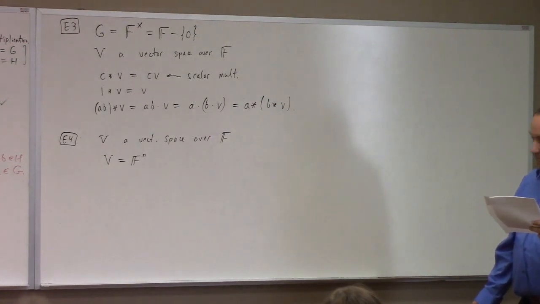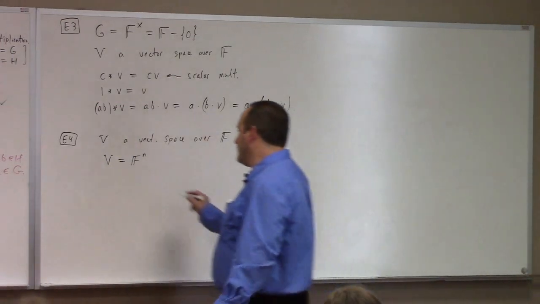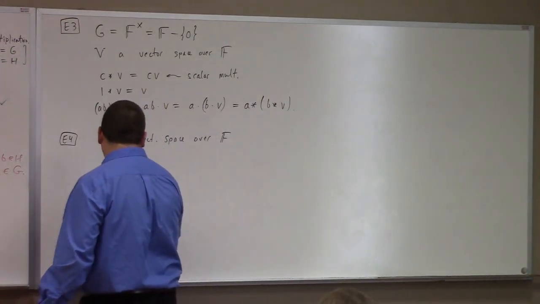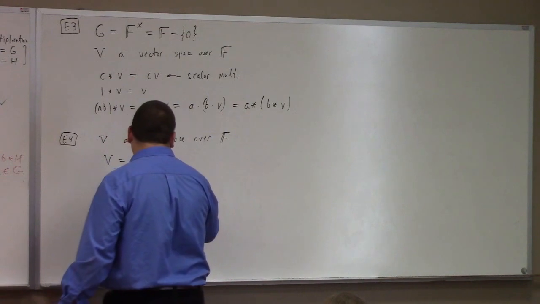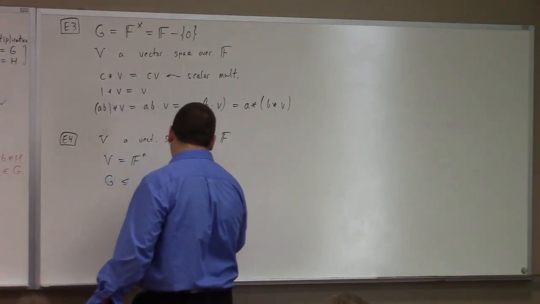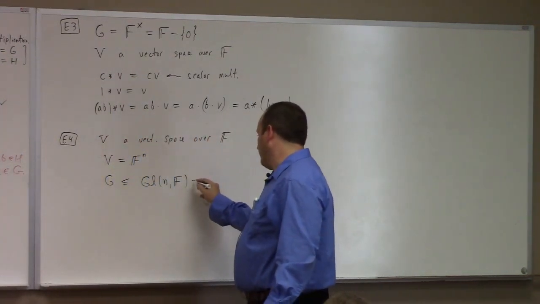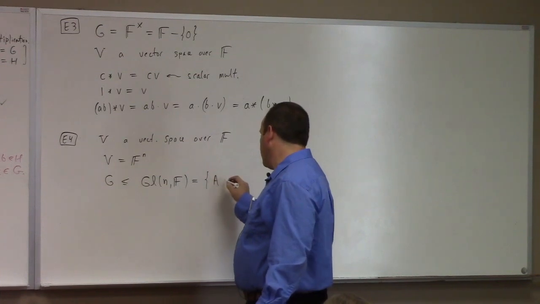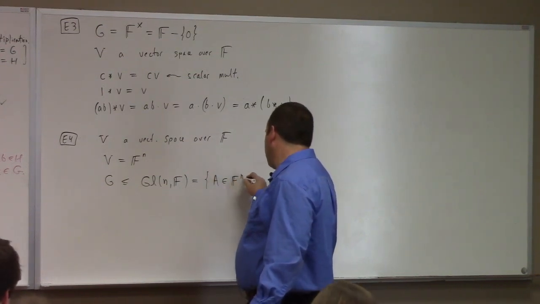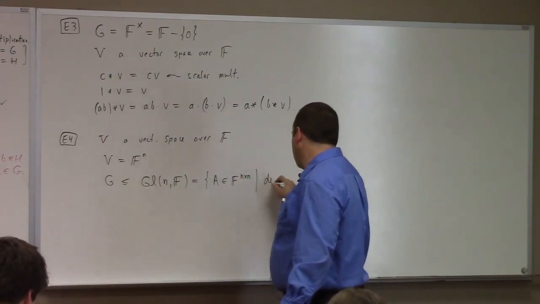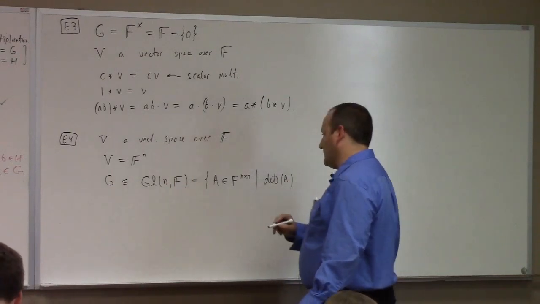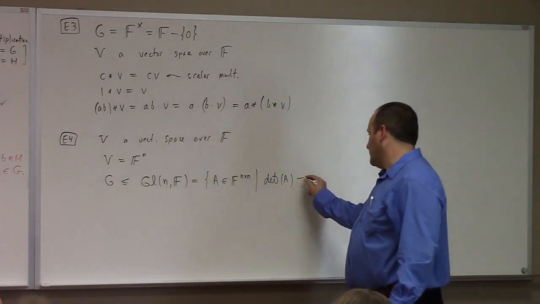Then, if you take any subgroup G of GL_n(F), remember what this is? This is the set of A, n by n matrices over the field, such that the determinant of A is not equal to 0.